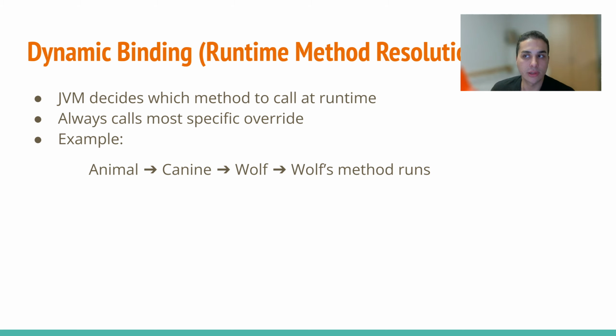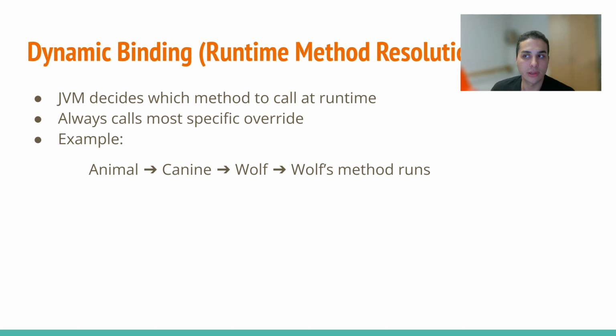In an inheritance chain, if animal, canine and wolf all have overridden, let's say we have a make noise function that comes from the animal, and we have canine, but we can skip it. And then we are saying, okay, let's create a wolf object from the wolf class, and it's a new wolf. And we have an animal, and it is wolf.